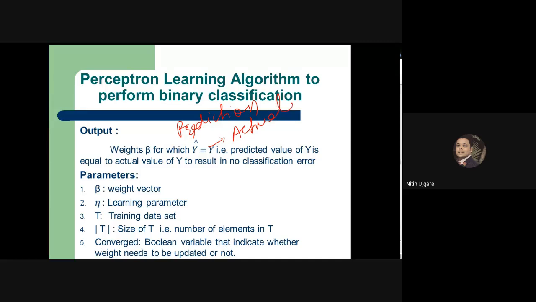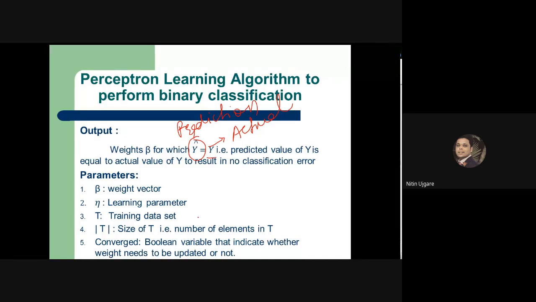So weights beta for which the predicted value of y is equal to y, that means the classification is correct. There is no misclassification or error in the classification of the given input instances. But if y cap is not equal to y, that means it results in some error or some misclassification of instances took place.